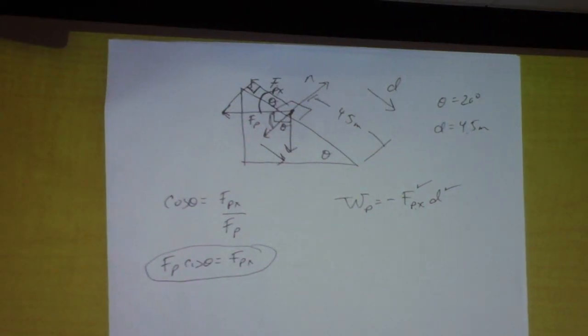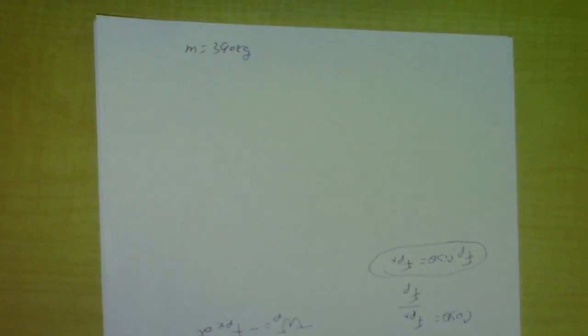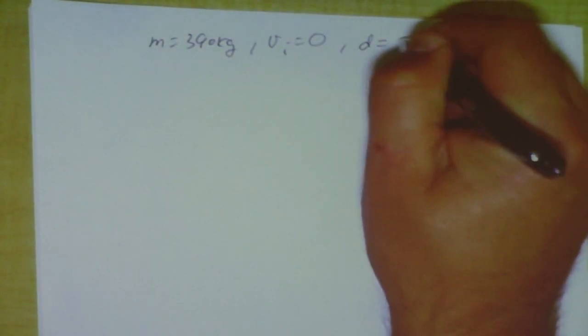I'll write everything down here. Okay, so we know the mass, 390. Starting from rest, initial velocity of 0, in other words. Two racers push 50 meters, and then they jump in.